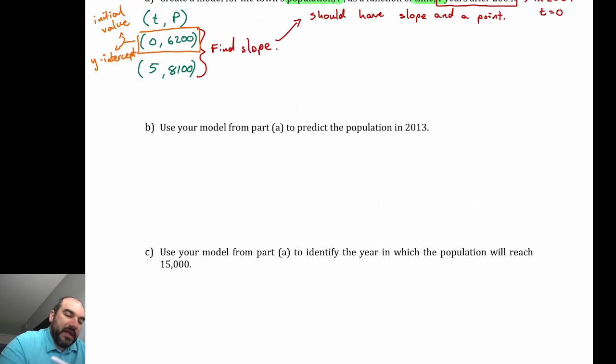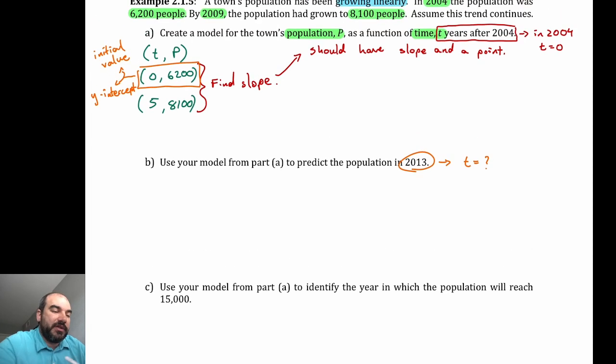This 2013 number is going to be equal to some time, right? It's not going to be 2013 that you plug into your function. It's going to be whatever t would represent 2013, because remember there's a difference between the year and the time value that we're using. Just like the 2009 was 5, the 2004 was 0, you'll have to figure out what t is for 2013 and plug that into your equation.